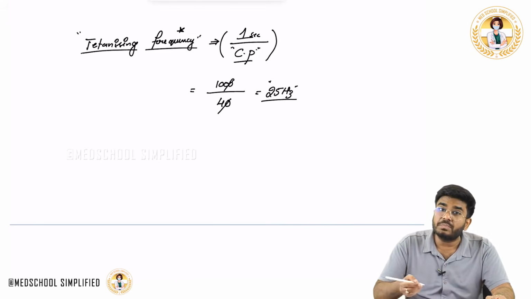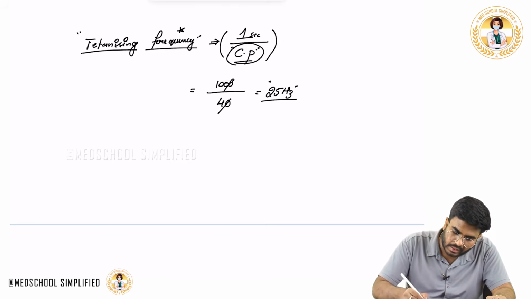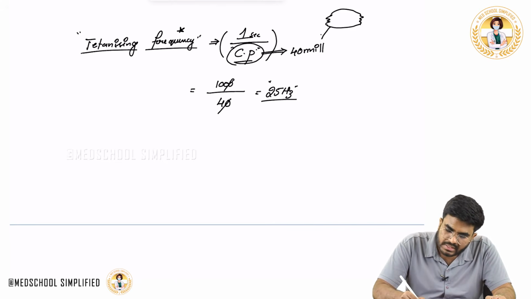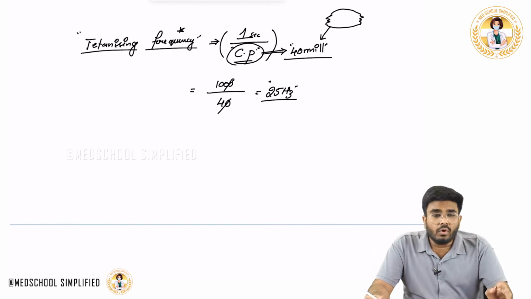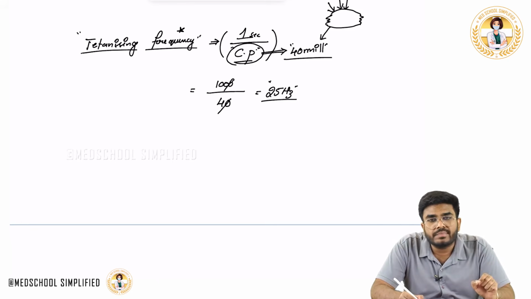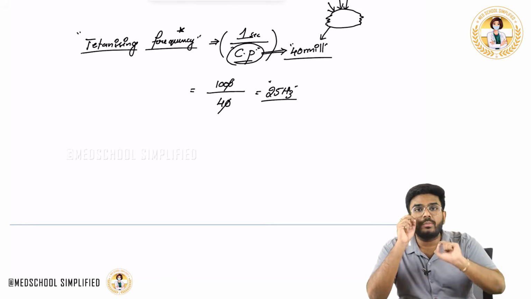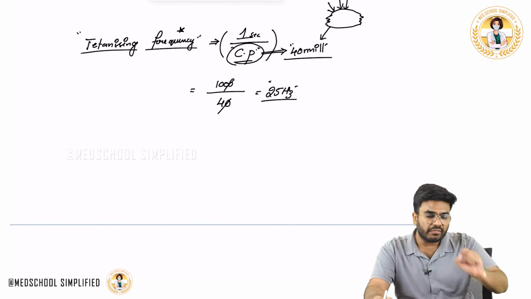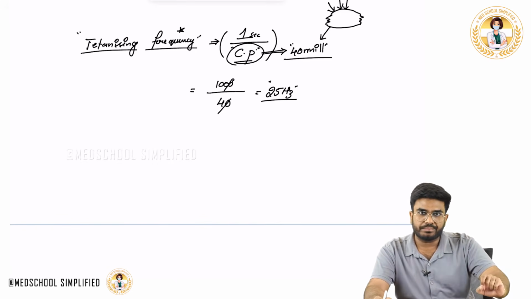I am talking about a muscle with a contraction period of 40 milliseconds. Imagine this is one muscle. I have to stimulate this muscle 25 times, which means 25 times an action potential should come to this muscle, and 25 times I have to depolarize it.